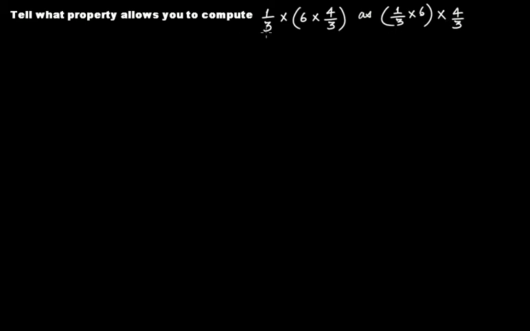Now, in this example, you can clearly see that in this first one, if you assume that this is A, this is B, and this is C, it's A multiplied by B multiplied by C. But in this case, it's A multiplied by B multiplied by C. And it is asked that tell what property allows you to compute as this one.